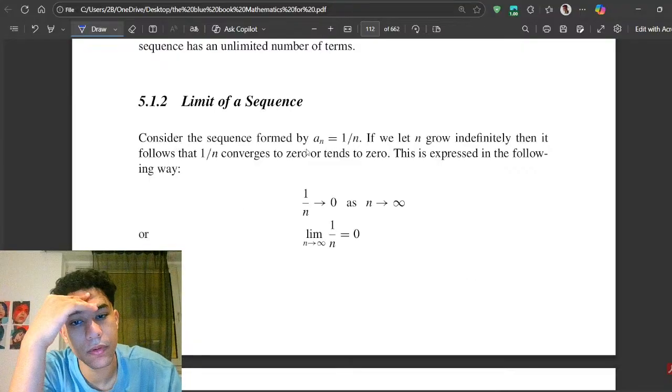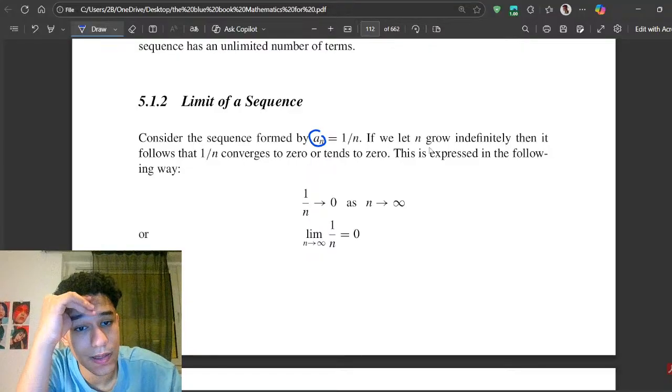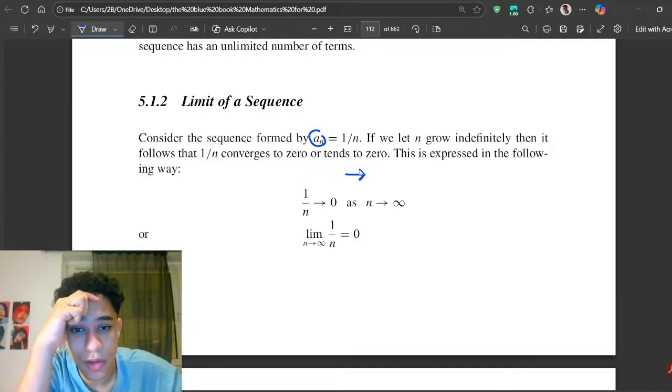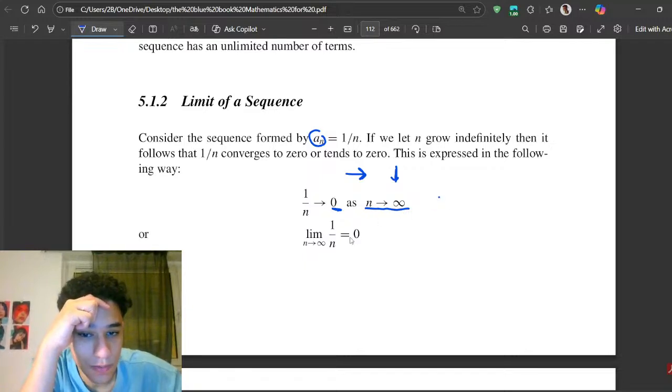Consider the sequence formed by a_n equals 1 over n. If we let n grow indefinitely, it follows that 1 over n converges to 0, or tends to 0. It goes to 0 because it keeps getting smaller as n keeps going to infinity.